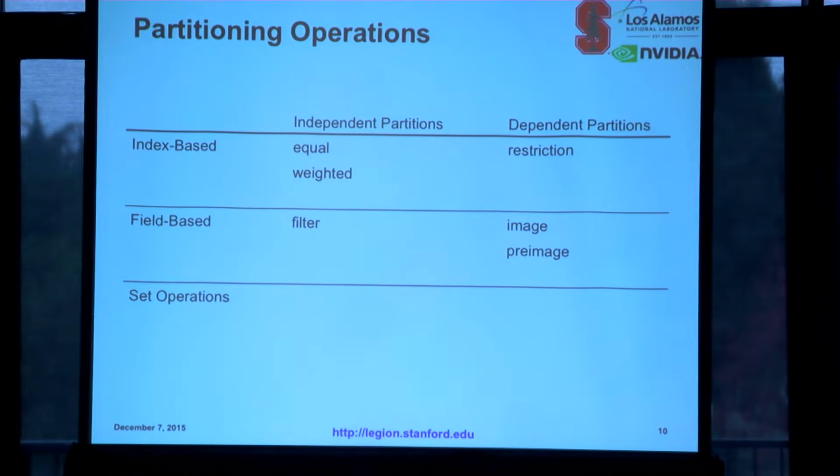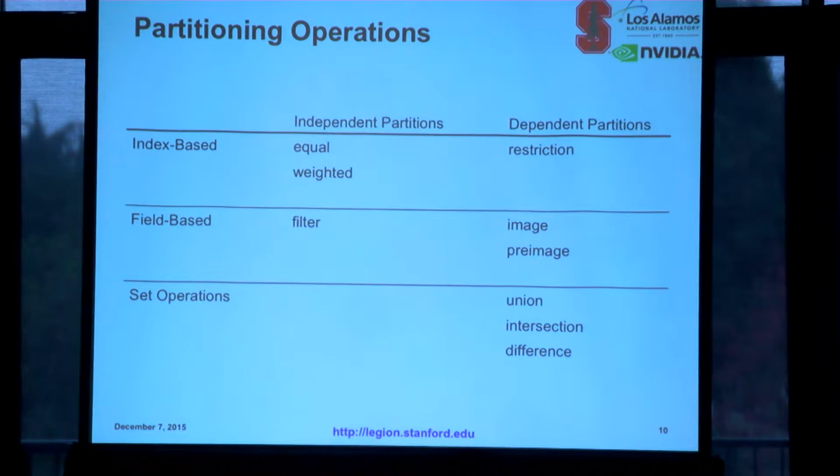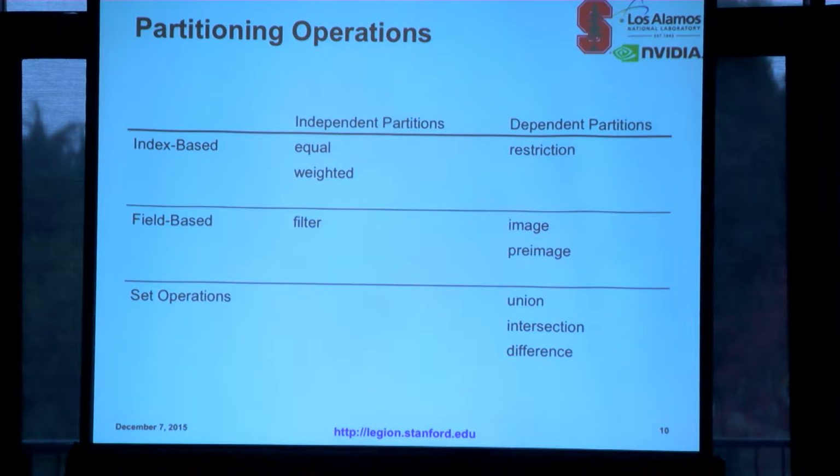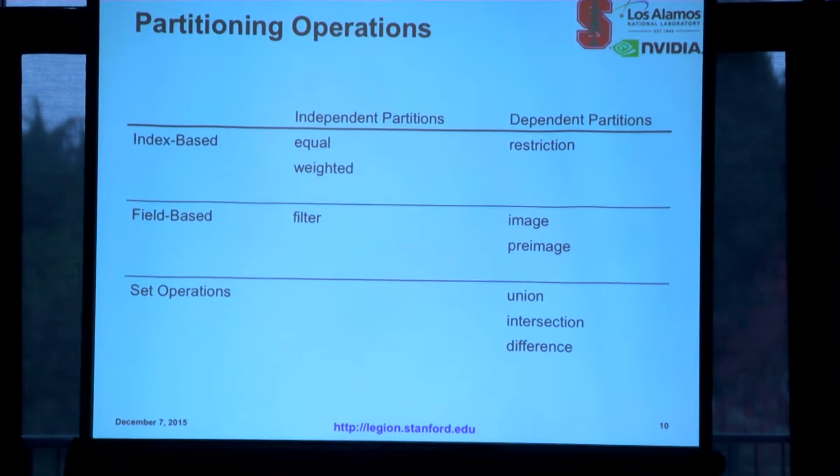There'll be image and pre-image operations that let you compute reachability. And then finally, the set operations you might guess, union, intersection, and difference, let you compute new partitions from old partitions. So I'm going to walk through each of these fairly briefly. And stop me if I go too fast.